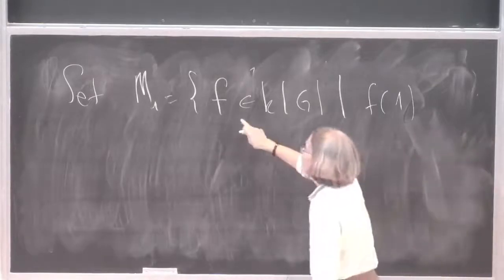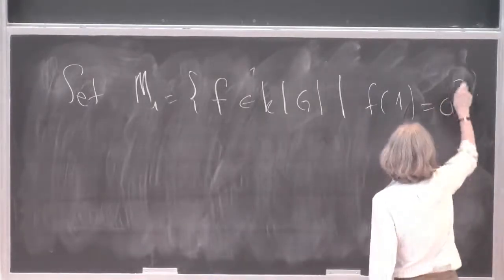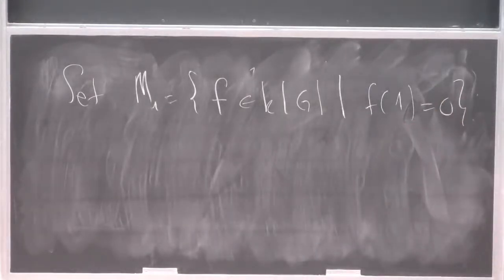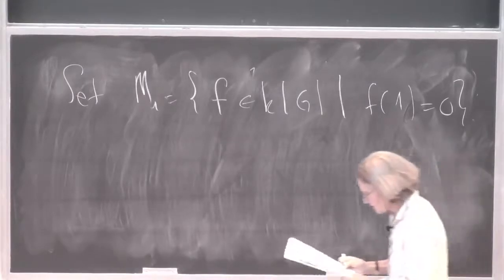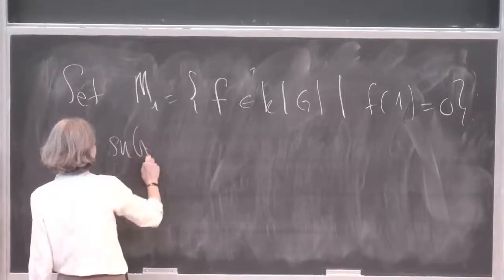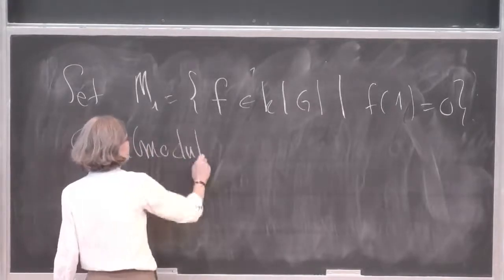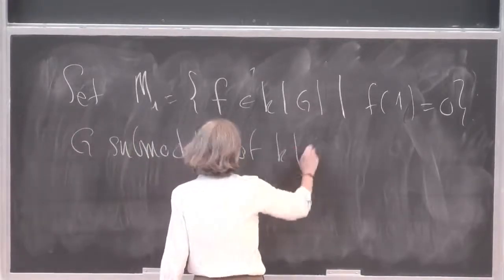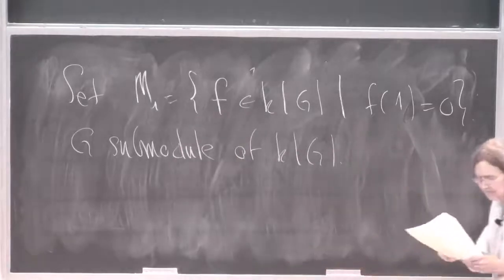So set M1 to be the ideal of functions that are 0 there, okay? Then that's a G submodule under this action, so that's a G submodule of K of G, okay?